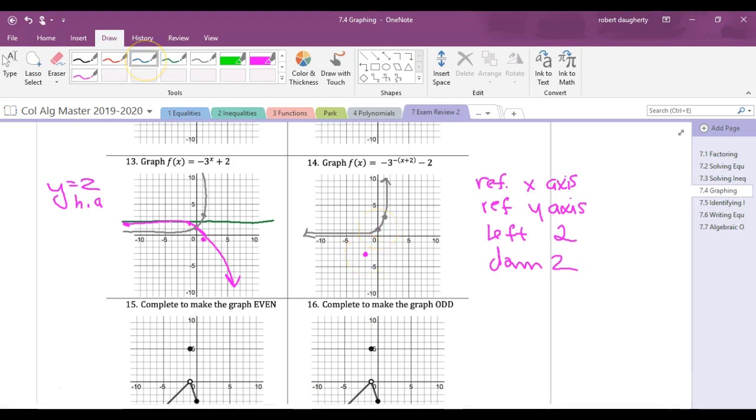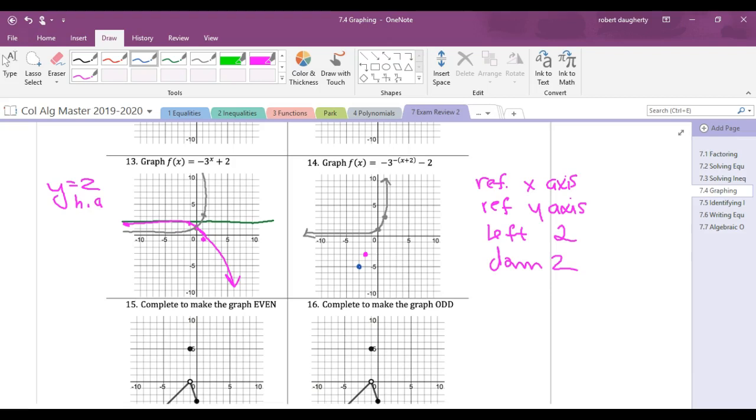Let's change colors. Let's take care of this point right here. Reflect it, that comes down 3. Okay, and then reflect it over the y-axis, that comes over here, and then go left 2 and down 2. Okay, that puts me right there. Take this point that you have at 1/3. So reflected about the x, reflected about the y, and then go left 2 and down 2.